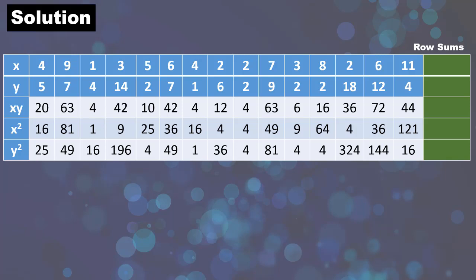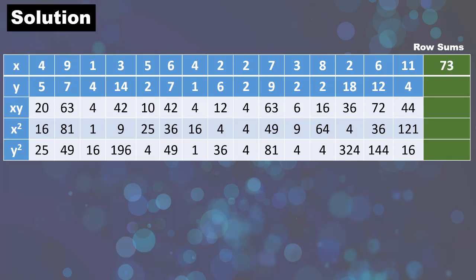So we'll start with the X's. 4 plus 9 is 13, plus 1 is 14, plus 3 is 17, plus 5 is 22, plus 6 is 28, plus 4 is 32, plus 2 is 34, plus 2 is 36, plus 7 is 43, plus 3 is 46, plus 8 is 54, plus 2 is 56, plus 6 is 62, plus 11 is 73.